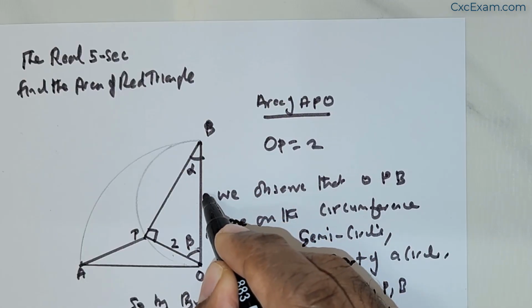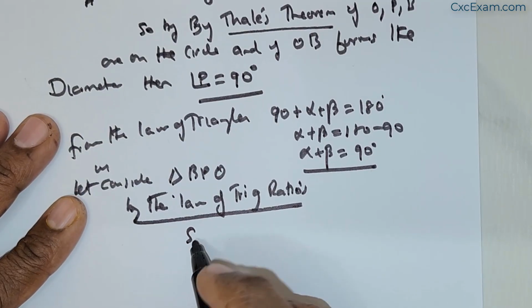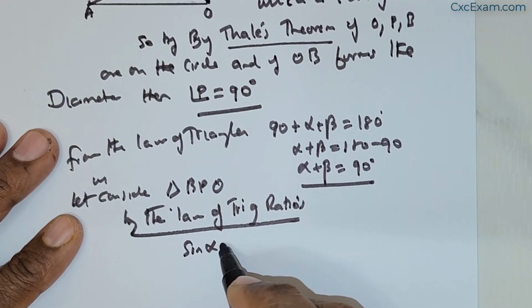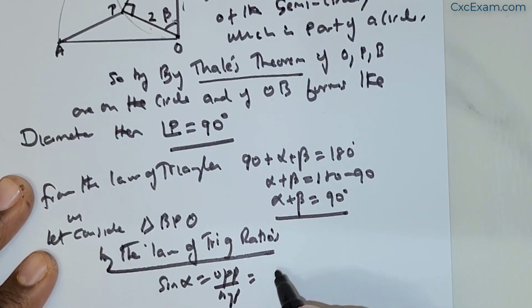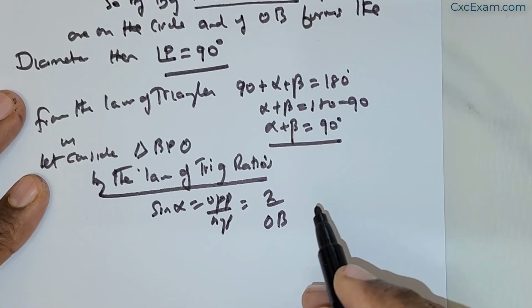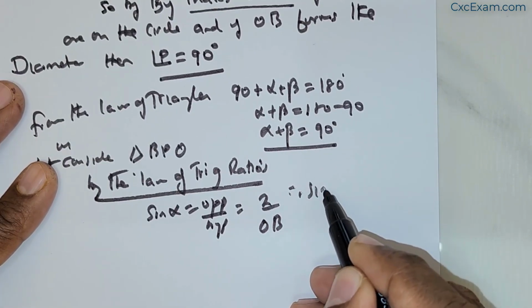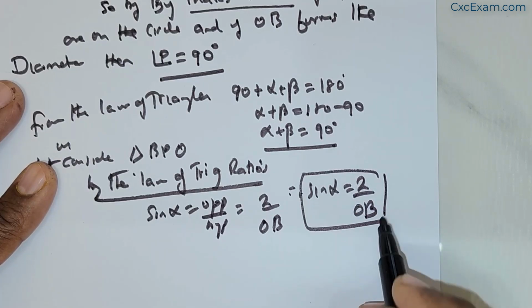This side is my hypotenuse. So I'm going to use sine alpha. Sine alpha is opposite side by hypotenuse. My opposite side is 2 units. The hypotenuse is OB. So therefore we have sine alpha is 2 over OB. Okay, fair enough. Let that be there.